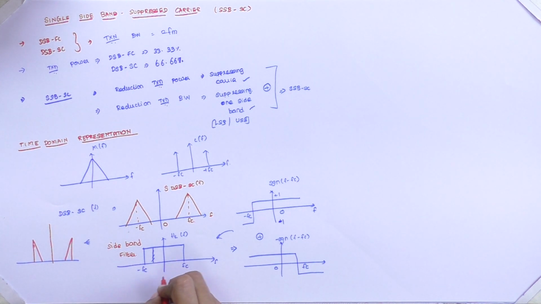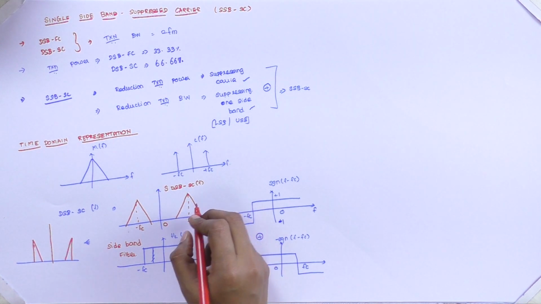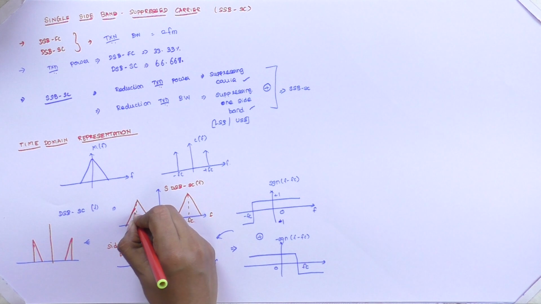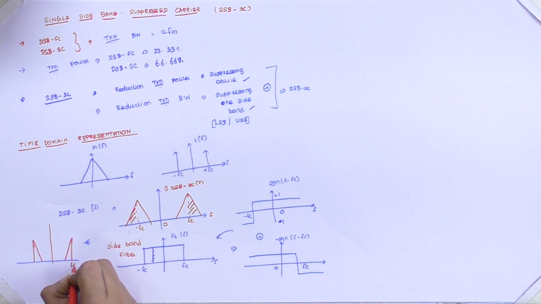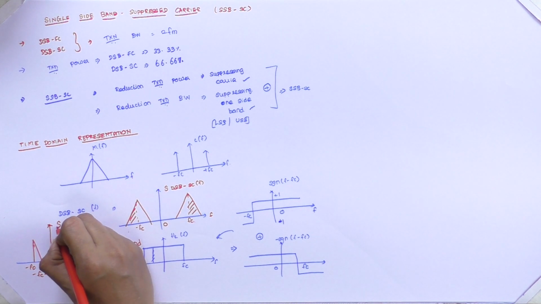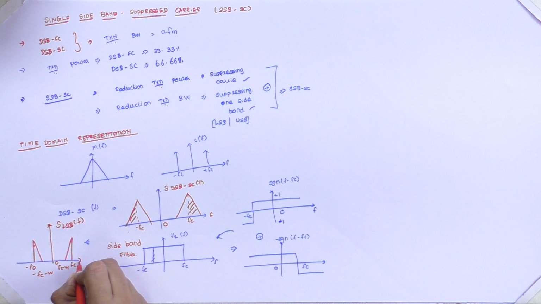If the bandwidth is chosen according to that of the upper sideband, then we will get only the upper sideband portion. So this is our Fc, this is Fc minus W, 0, this is our minus Fc, this is minus Fc minus W. This is our single sideband lower sideband filter. This is the graphical representation.